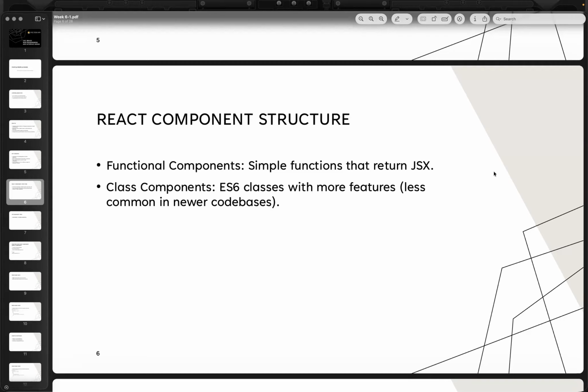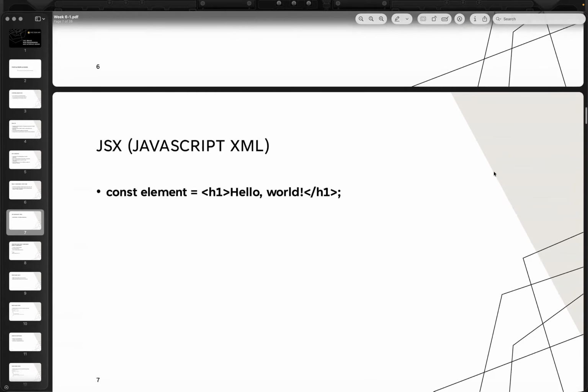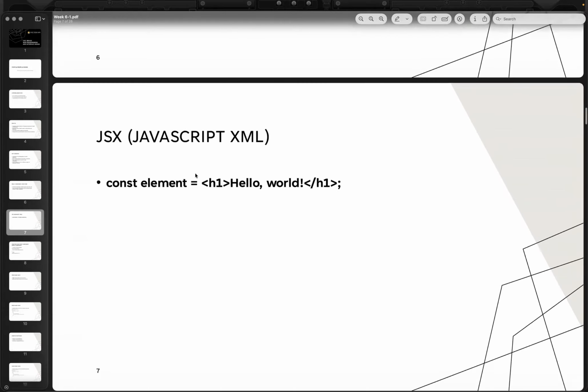As a basic one, we can declare JSX, which equals JavaScript XML. We can create a constant called element and assign a value, so we can create the element this way.